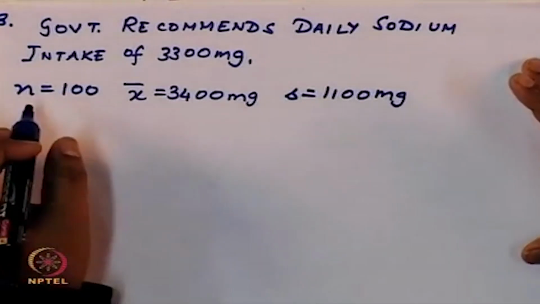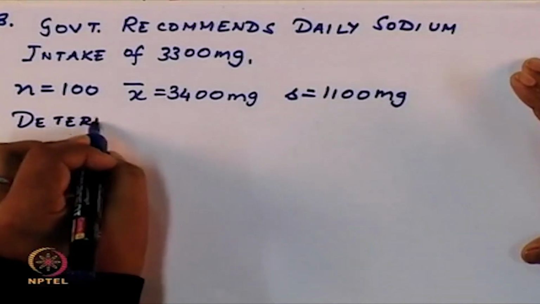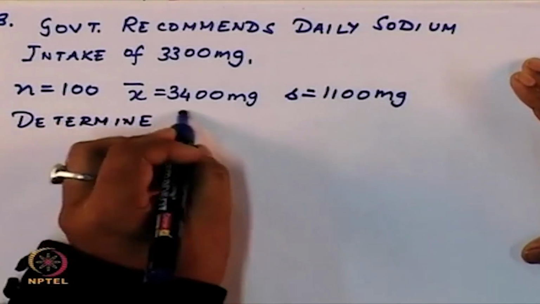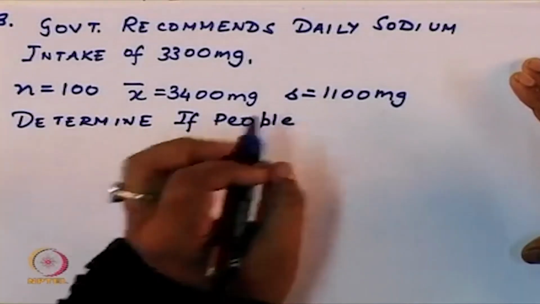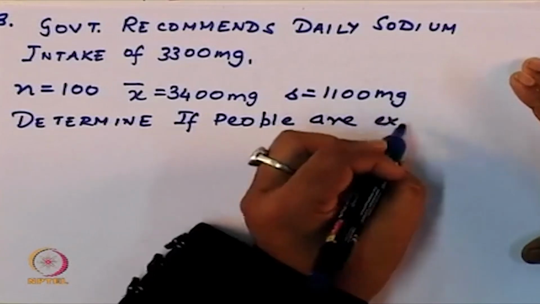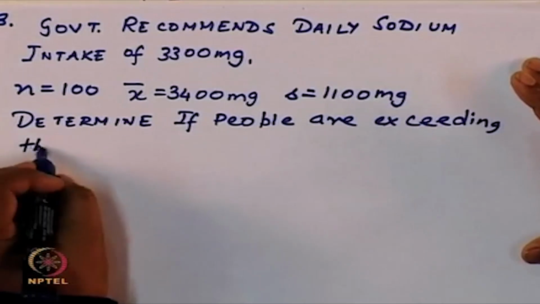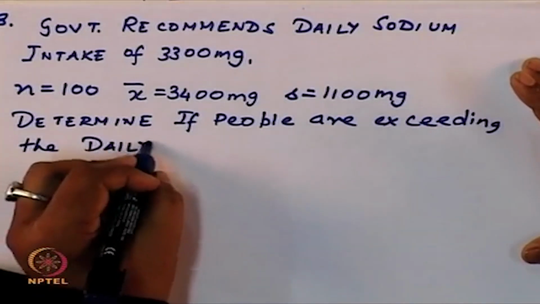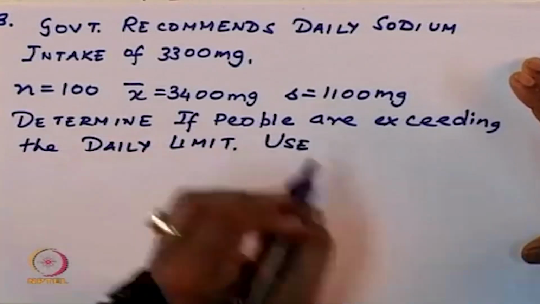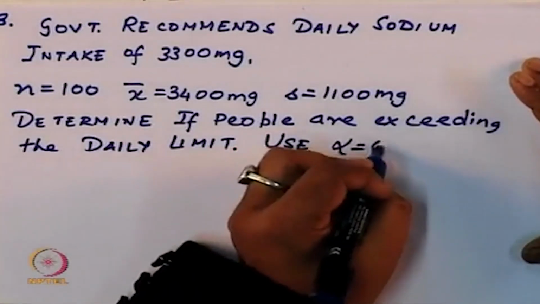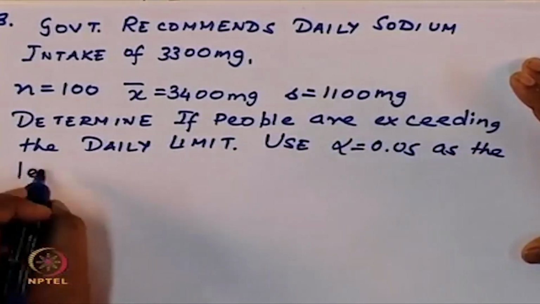The question we want to ask is to determine if people are exceeding the daily limit, using alpha equal to 0.05 as the level of significance.